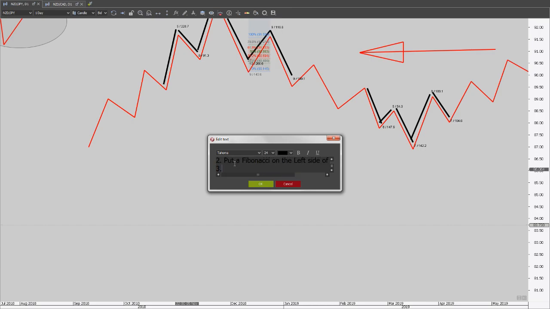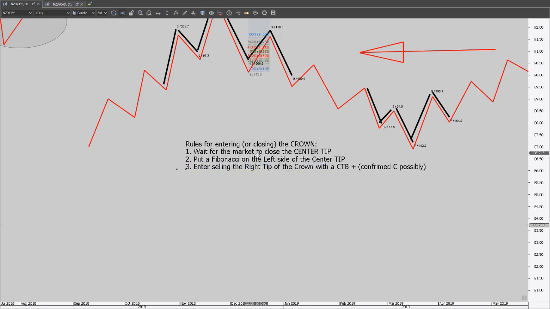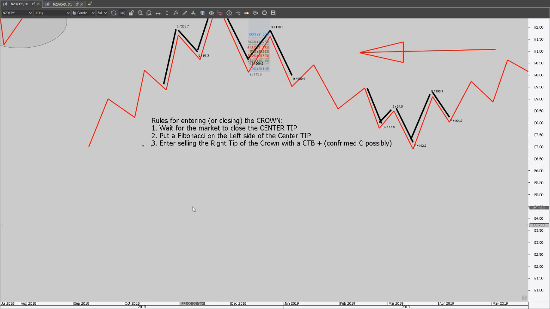And number 3, finally, enter selling the right tip of the crown with a counter trend line break plus confirmed C, possibly. Okay, those are the rules.